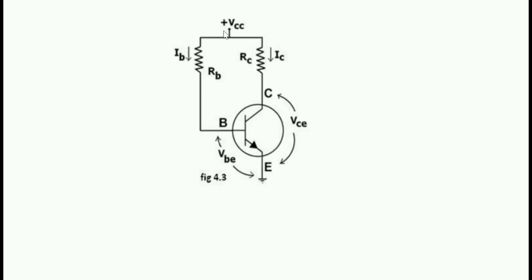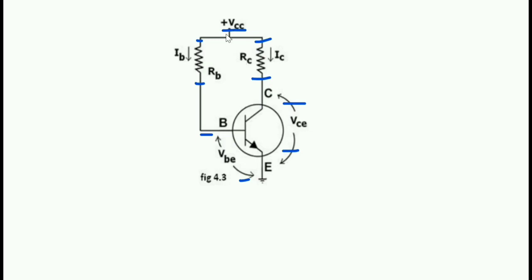In this we are supplying a single voltage source, and this is the transistor. We are using a collector resistor RC and a base resistor RB, and this is the NPN transistor. We know that the voltage drop between collector and emitter is VCE, and the voltage drop between base and emitter is VBE.